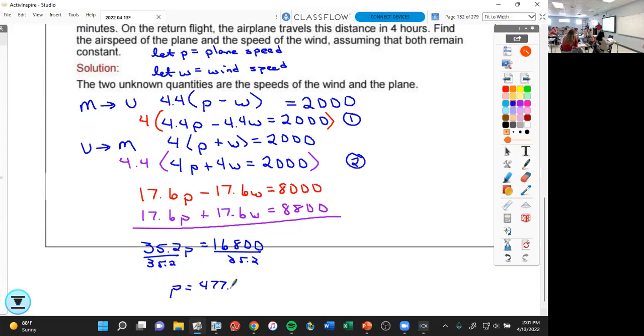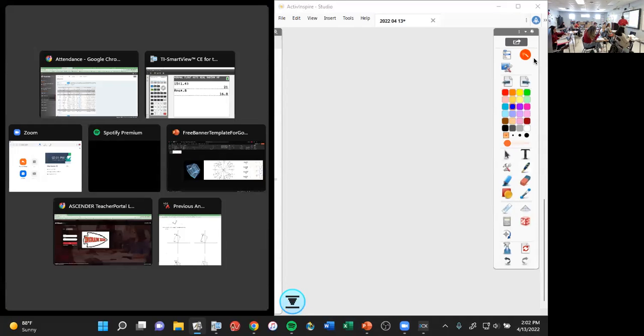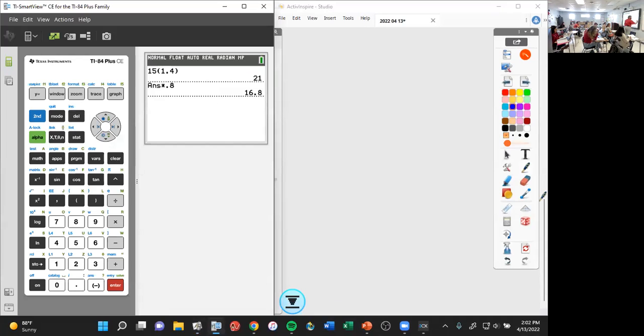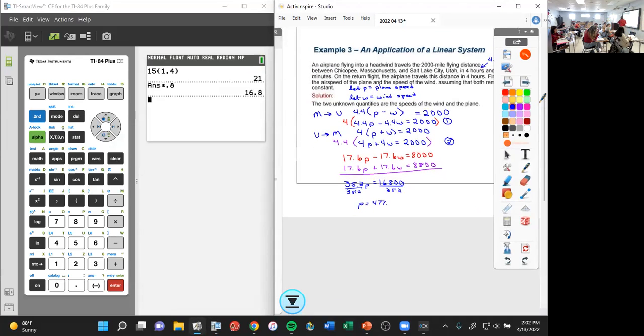0.2727. What's that? 2/11? Do 16,800 divided by 35.2, get an answer, and do math enter on what's left. Did it not work? Start over.